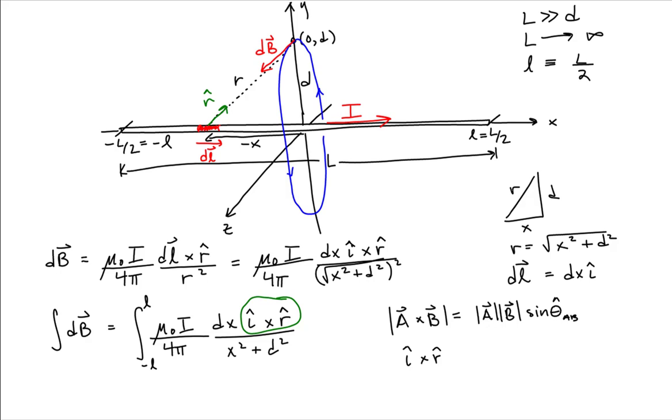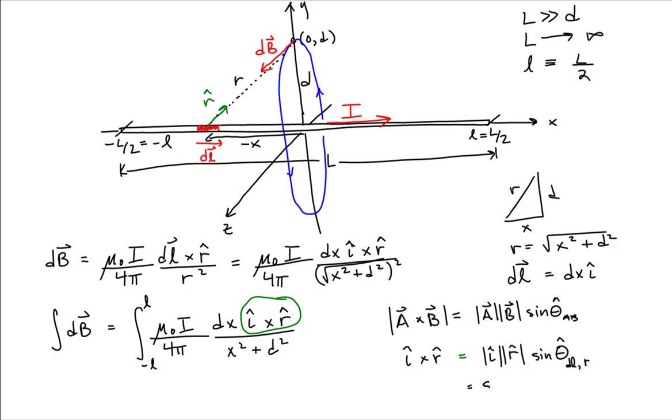So dl hat cross r hat is then just the magnitude of dl hat, and remember the magnitude of a unit vector is equal to 1, so that's just going to be 1, times the magnitude of r hat, which will also be 1, times the sine of the angle between our current element, I'll just call this dl, and r.